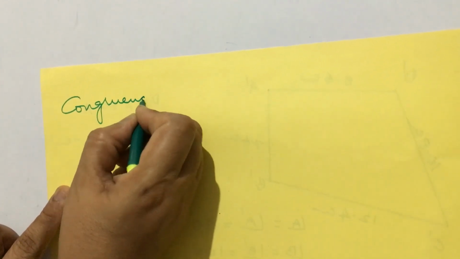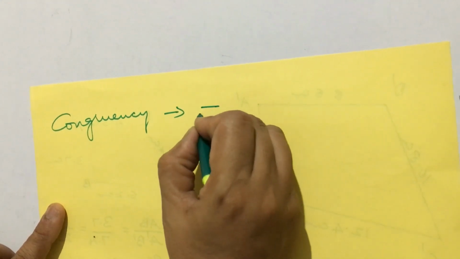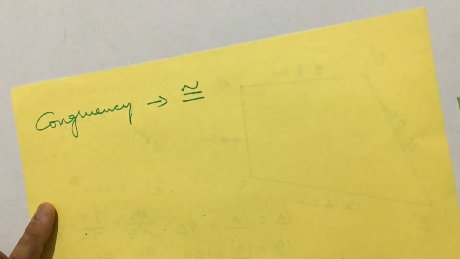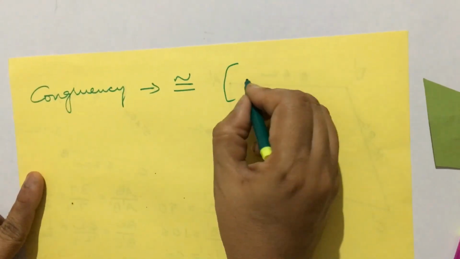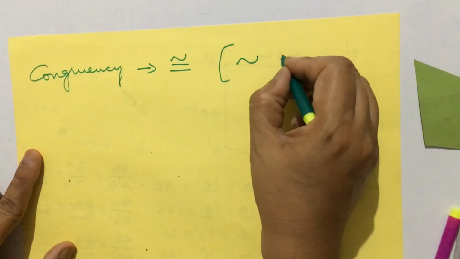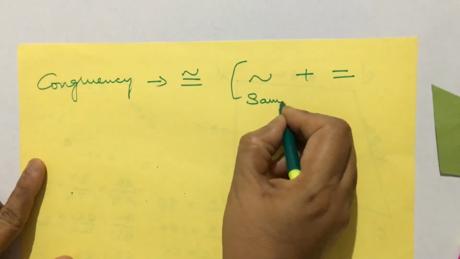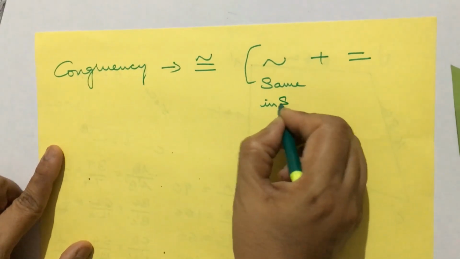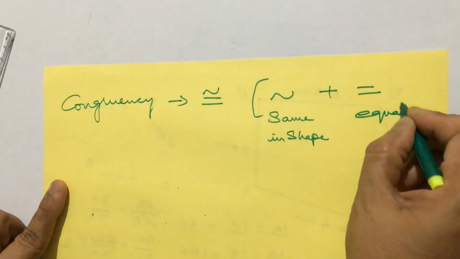We all know the congruency symbol, which we can use in this manner. Its meaning is same in shape and equal in size.